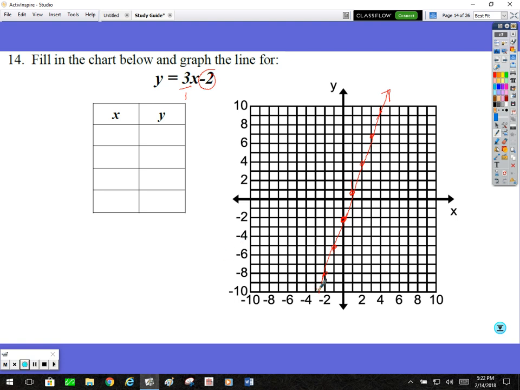So now I can actually fill in my table from my points. Well, here's an easy one right here. 0, negative 2, which is this point. Negative 1, negative 5. I don't know why this thing's doing this. Give me just a minute, guys.